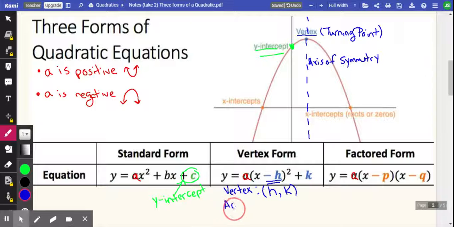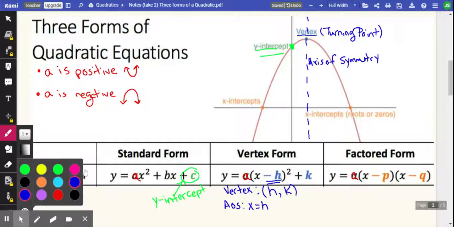So the axis of symmetry, or I'm going to abbreviate here, AOS, for an equation in vertex form is going to be x equals, since it's a vertical line, whatever that x coordinate of your vertex is. So x equals h.